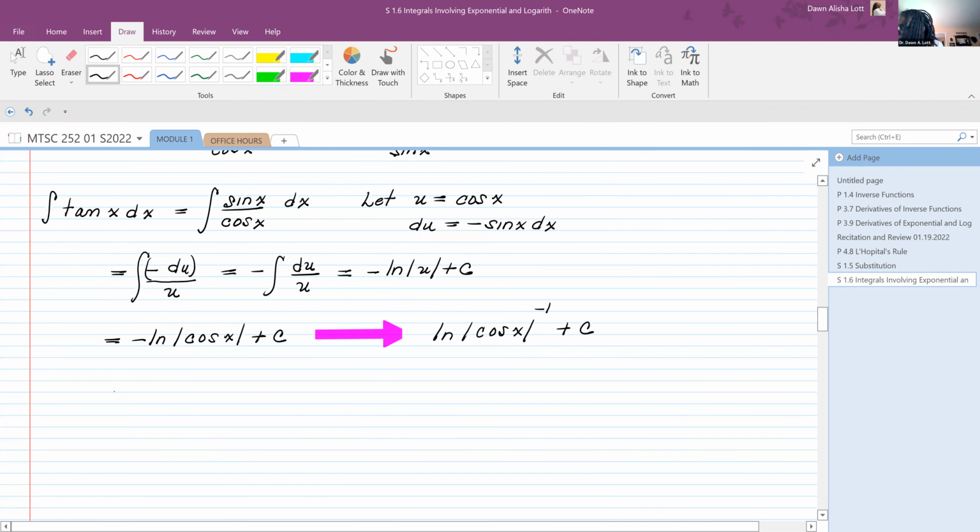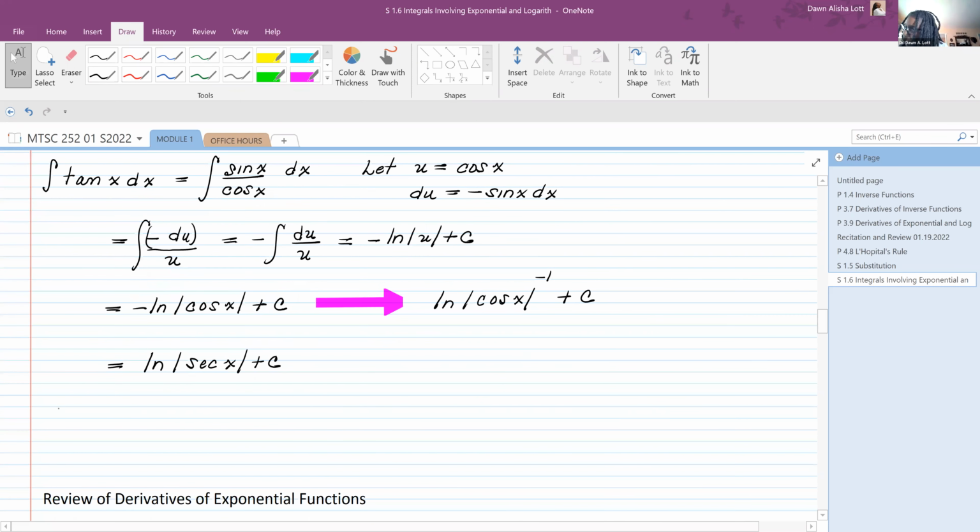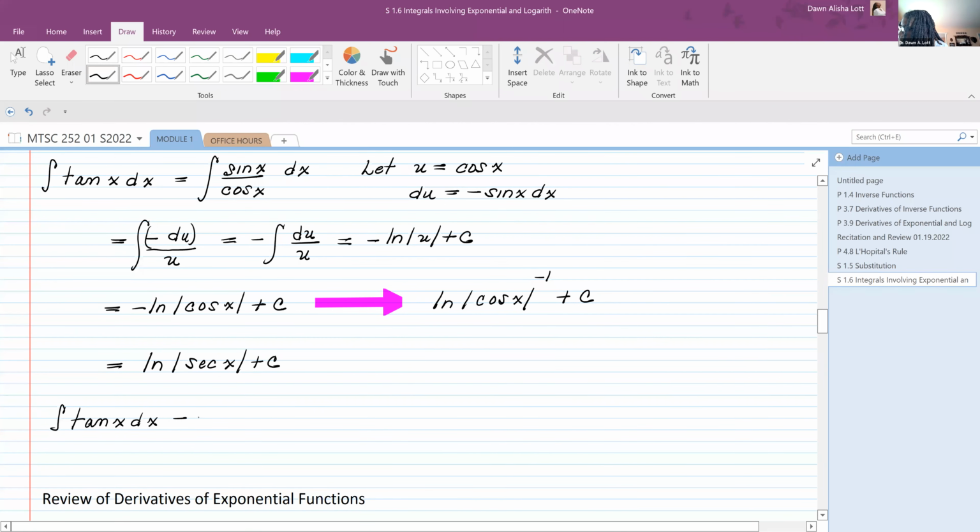So most times we get rid of the negative and rewrite this as the log of the absolute value of the secant of x plus a constant. Okay, so there's our first one, the integral of the tangent of x dx is the natural log of the absolute value of the secant of x plus a constant.